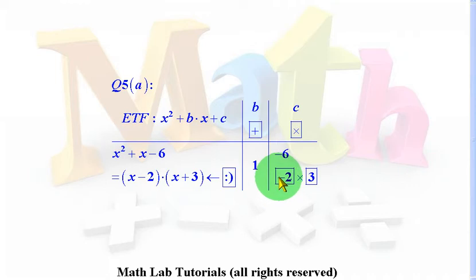And then we need a minus sign to get negative 6. But you don't know whether the minus sign goes with the 2 or the 3. It has to go with the 2 because these two boxes over here have to give you 1. If the minus sign went with the 3, you get 2 minus 3, which is negative 1, and that's no good. So you're looking for two numbers that multiply to give you negative 6, and they add to give you 1. Now that we have this negative 2 and 3, it becomes easy.